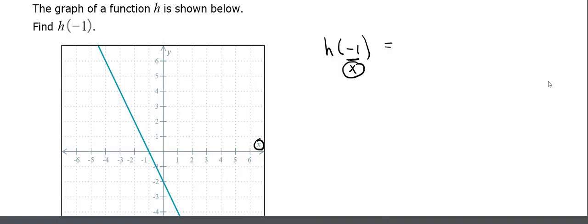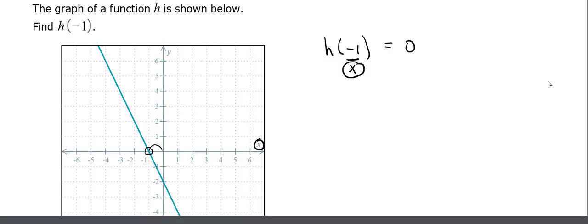So -1 is 1 unit to the left of our origin, and we're looking for the corresponding y value. Well, in this case, the y value that corresponds to -1 is directly on the axis, which means the answer would be 0.